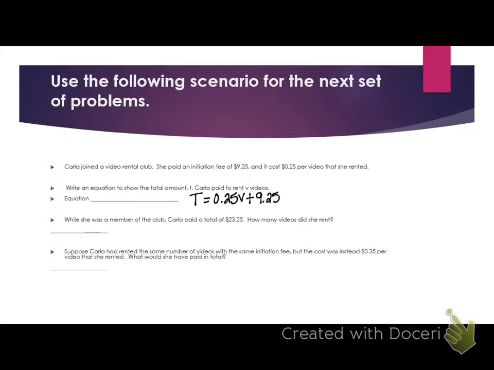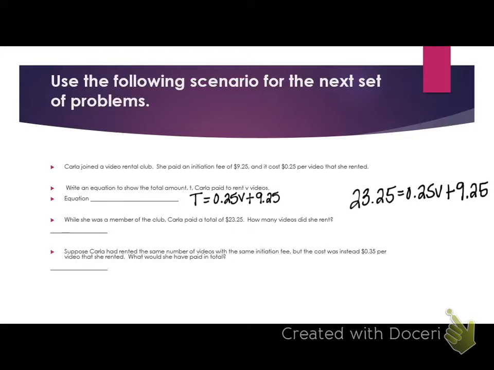Next, we want to know, while she was a member of the club, Carla paid a total of $23.25. So we want to use that information to figure out how many videos she rented. Well, in this case, that is our total, $23.25. And to get that total, she had paid 25 cents per video plus $9.25 as an initiation fee.